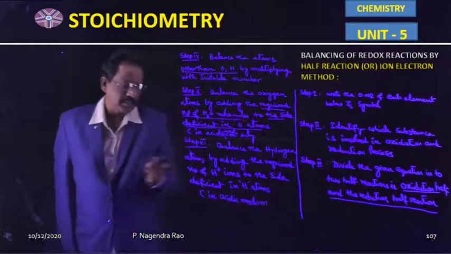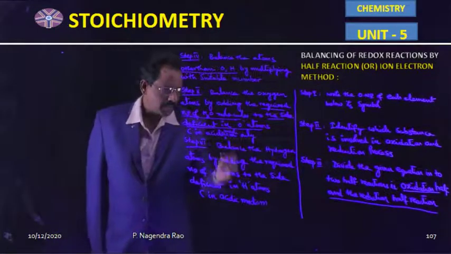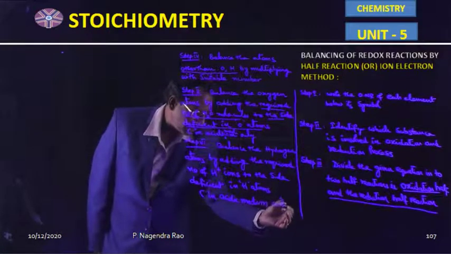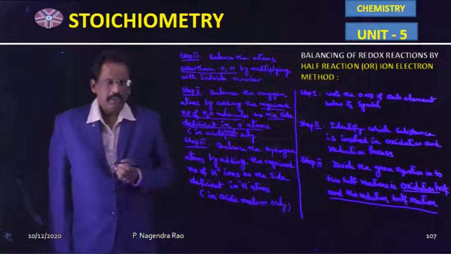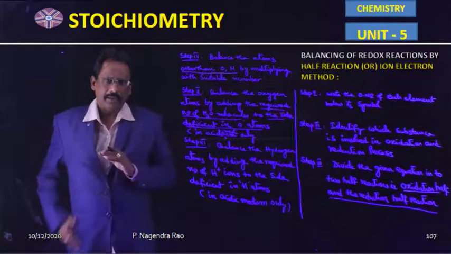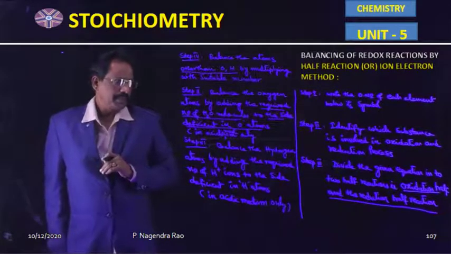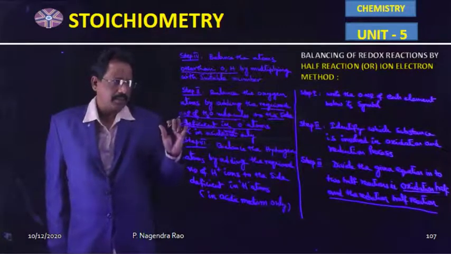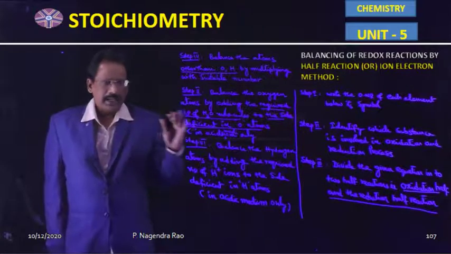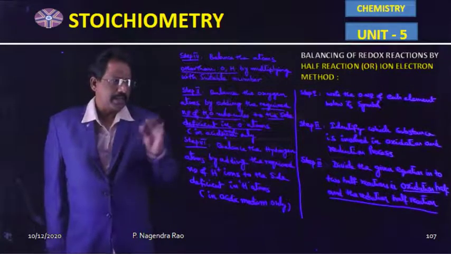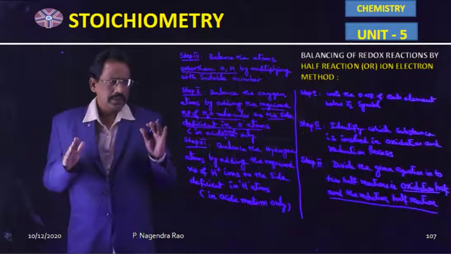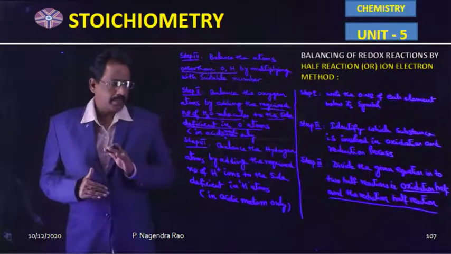So while balancing the oxygen and hydrogen atoms, the medium of the chemical reaction is required. If the chemical reaction takes place in acidic medium, to balance the oxygen atoms, add the required number of H2O molecules to the deficient side.